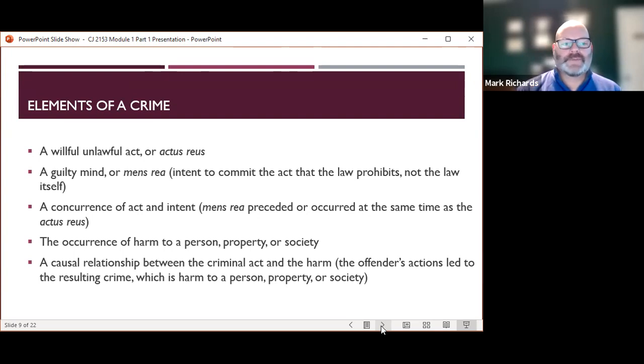The mens rea has to precede or occur at the same time as the actus reus. There has to be harm to a person, property, or to society in general. And then a causal relationship between the criminal act and the harm. Did the offender's actions lead to the resulting crime, which is the harm to the person, property, or society?